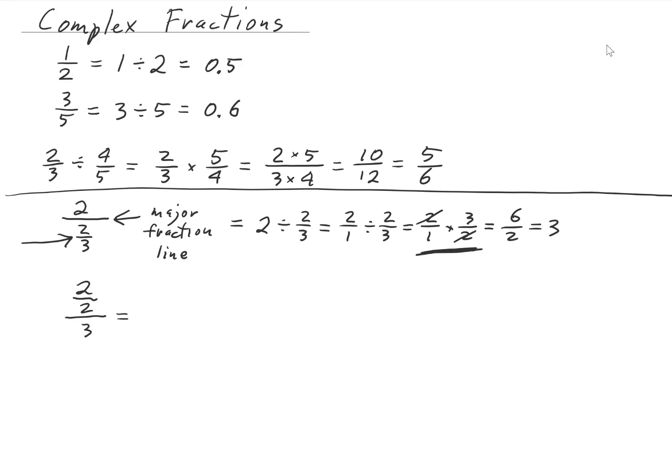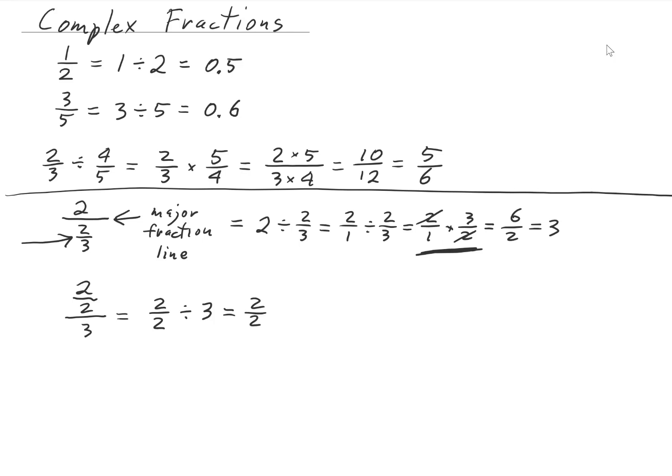Because remember, every fraction is a division problem. This division problem is the top fraction, and now the top fraction is the one that's above the major fraction line. It's 2 over 2 divided by the number that's on the bottom of the major fraction line. So it's 2 over 2 divided by 3. And again, we're going to change that 3 into a fraction.